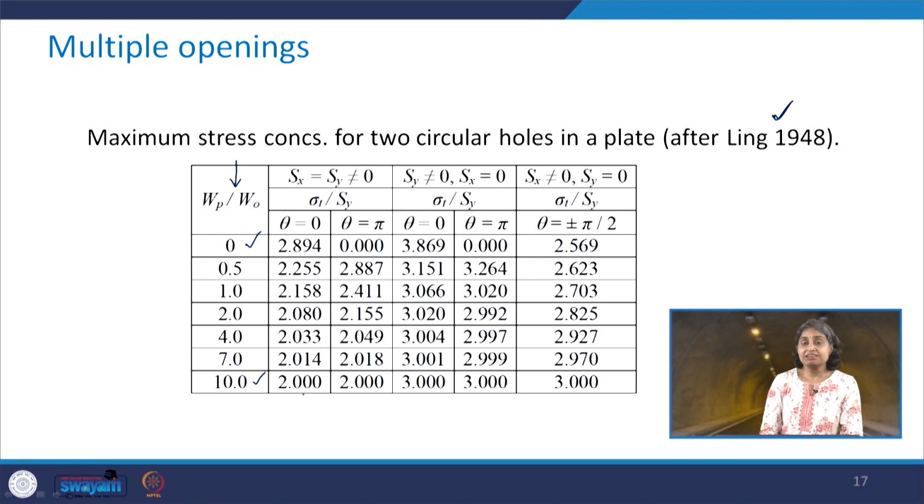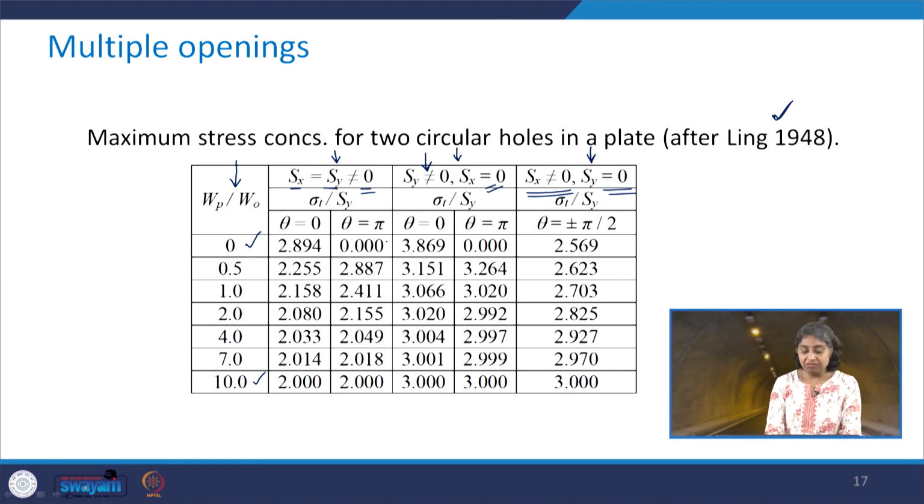The first column tells us about the biaxial state of stress, in which Sx and Sy are both equal and non-zero, while the second column gives the stress field when the stress is applied only in the y direction and not in the x direction, and the third one represents the values of maximum stress concentration factor when you have the stress field only in x direction and not in y direction.